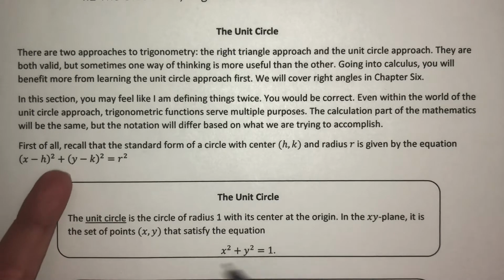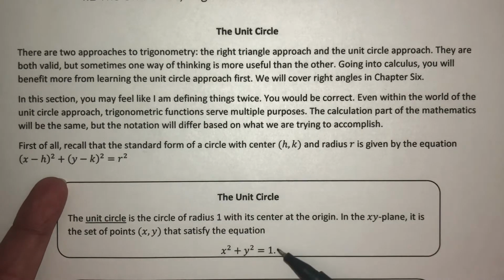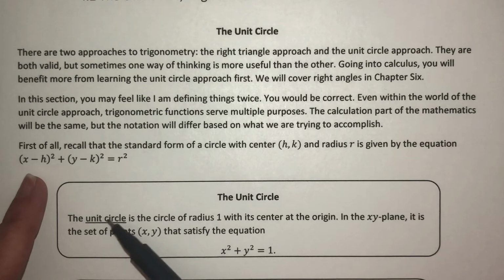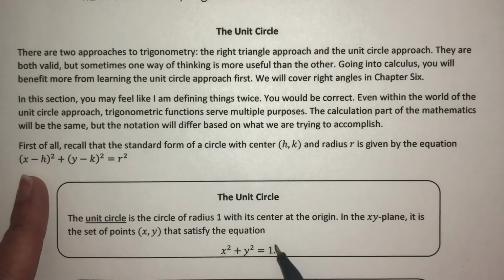So if we compare this to the formula, our r is 1, and 1 squared is 1. So that squared didn't disappear, it just happens that 1 squared is 1. And the unit circle is centered at the origin, so h and k are 0. So this is just a special case of a general circle, okay?